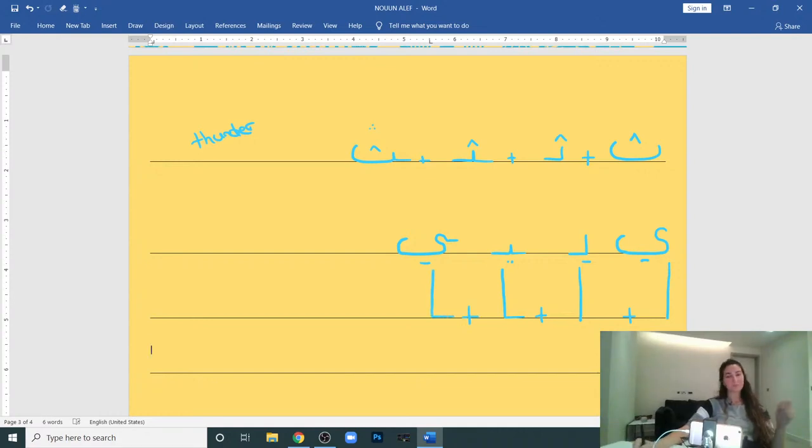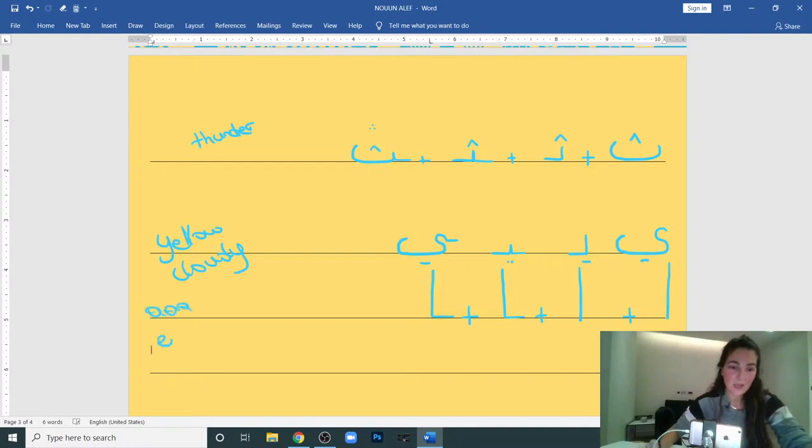Okay? And finally, we have the letter Waaw, which, okay, by the way, this is thunder, this is yellow or cloudy. This is a quick recap, guys, for those of you who are joining now. And this is the Alef, which sounds like a or a sometimes, a or a in Lebanese.